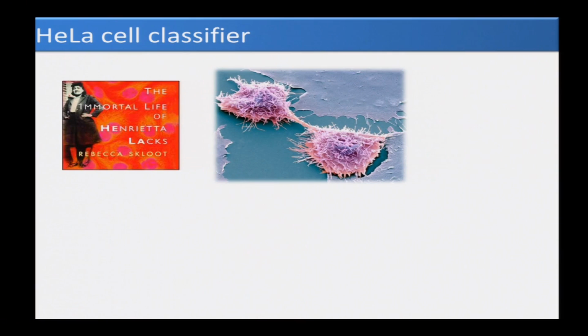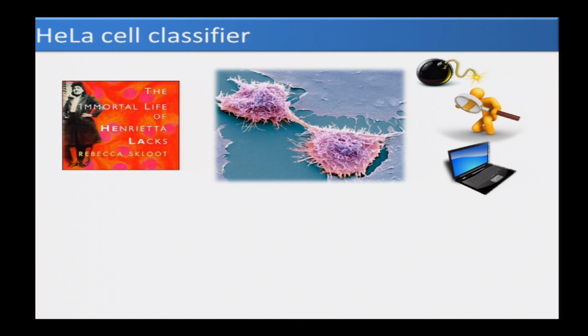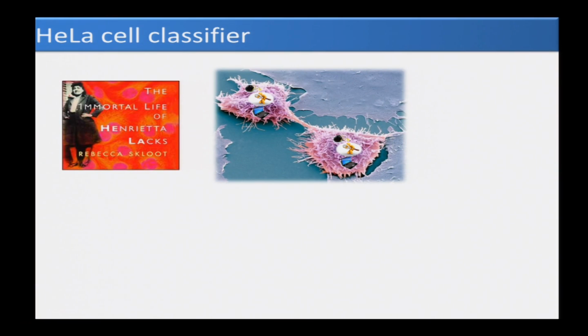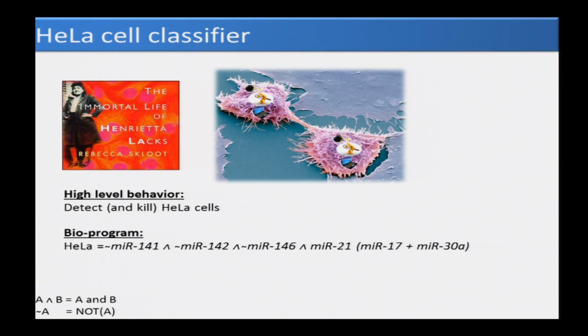Okay, so we started with looking at HeLa cancer cells as an example, and so we did some bioinformatics, and we saw that based on microRNA profiles that were available to us, this would be a bioprogram that would distinguish HeLa cells from all other cell types. Okay?